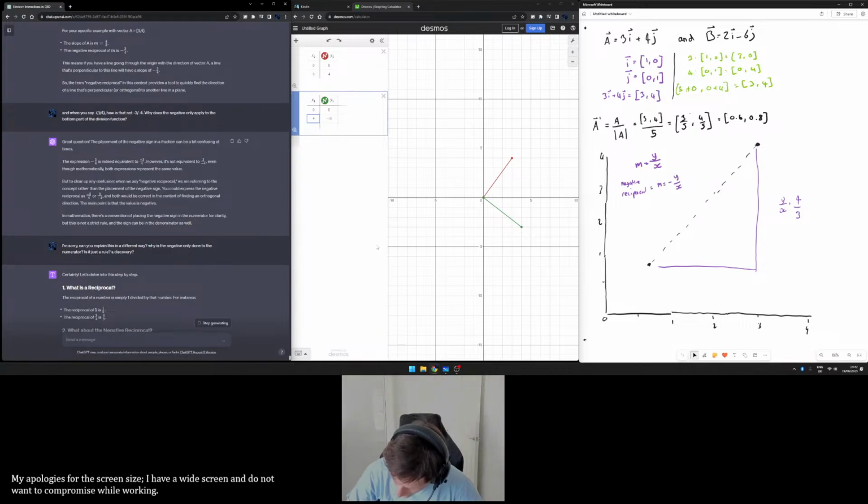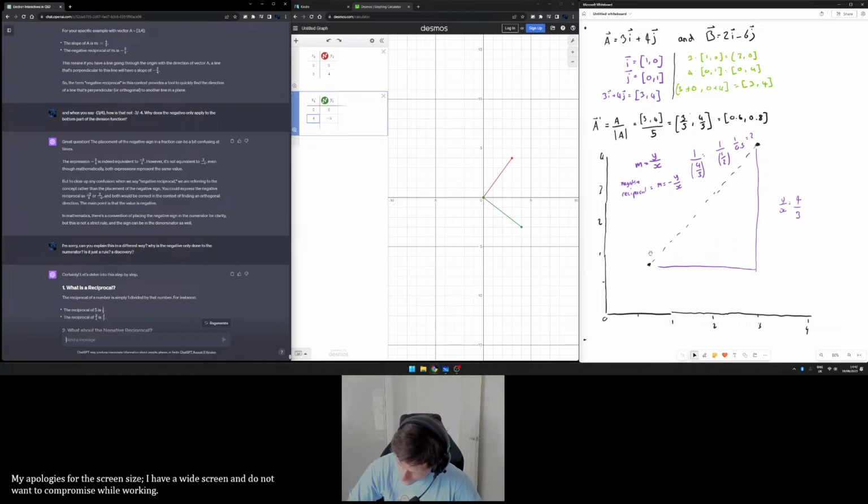So if I do 1 divided by 4 divided by 3, or maybe if I go 1 divided by 1 over 2, that is 1 divided by 0.5, which equals 2. So this is going to equal what?